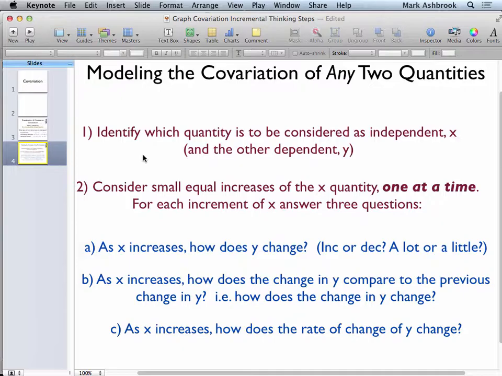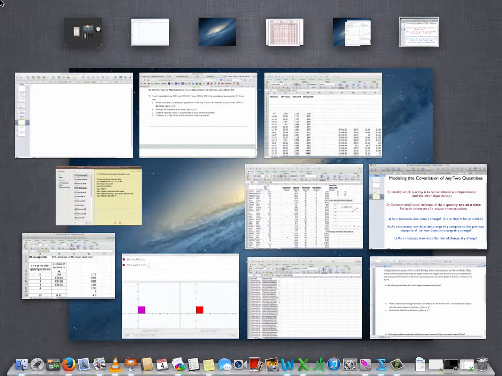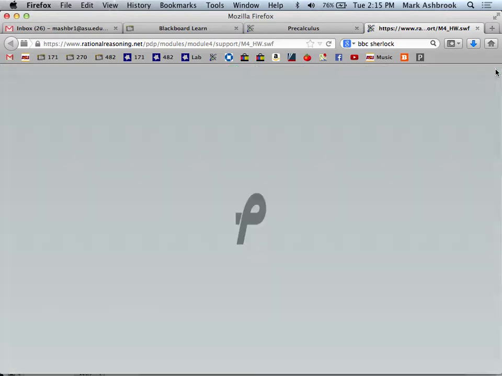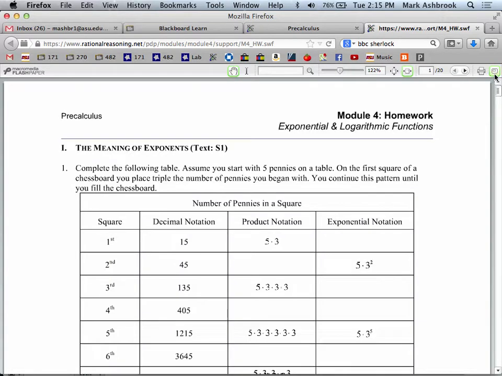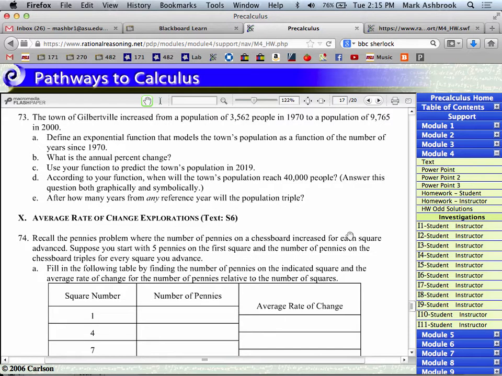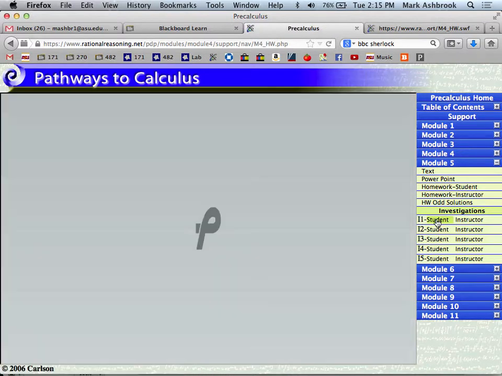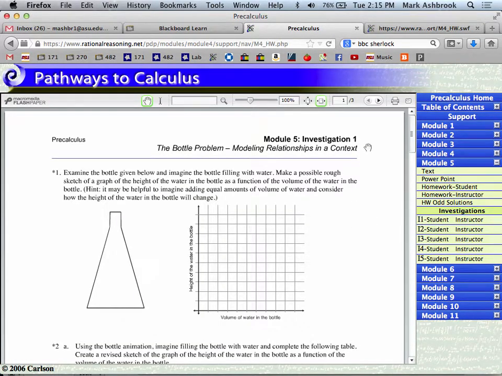So let's try the first example. It's in your book, module 5, investigation 1, I think. Yep, very first one. So we're going to do number 1 together.